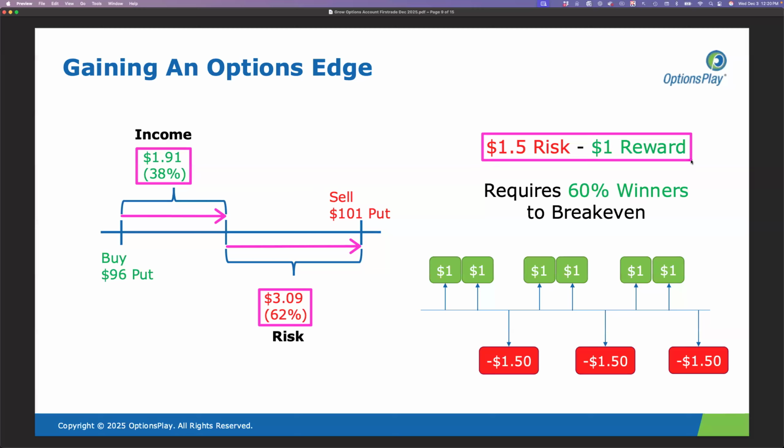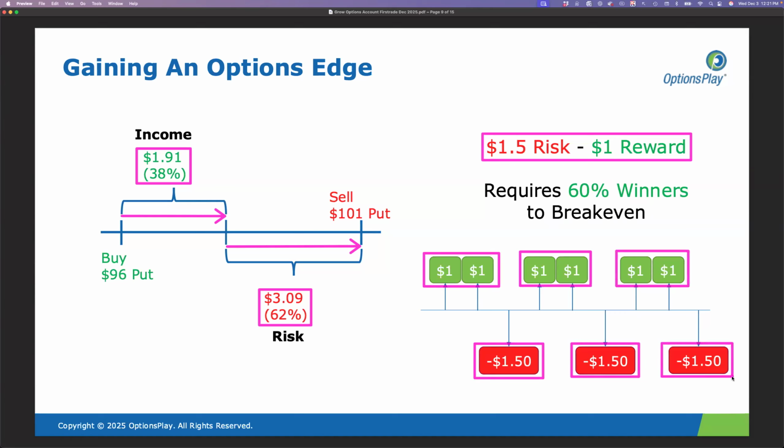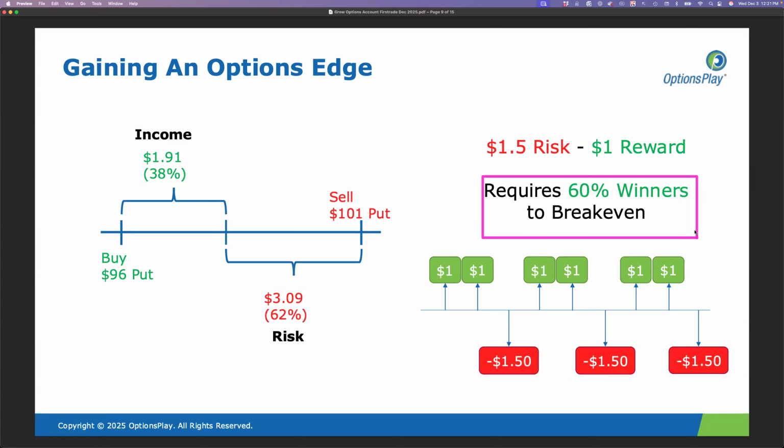For the same stock, with the same potential opportunities, for every two wins where you win $1, you have one trade where you lose $1.50, and you repeat that cycle over and over again. Now you have an expected positive outcome, and you require fewer winners in order to break even.